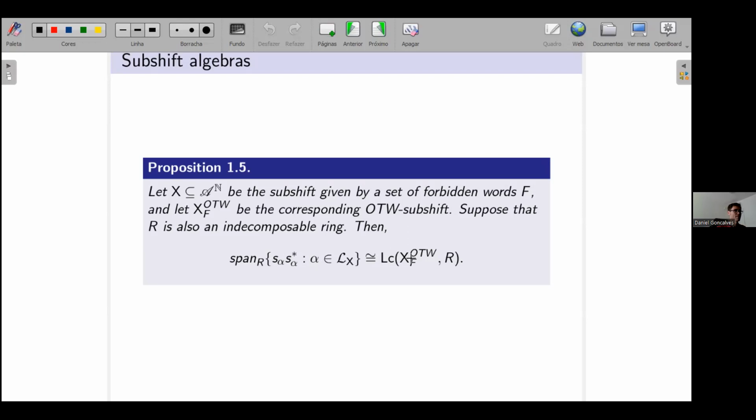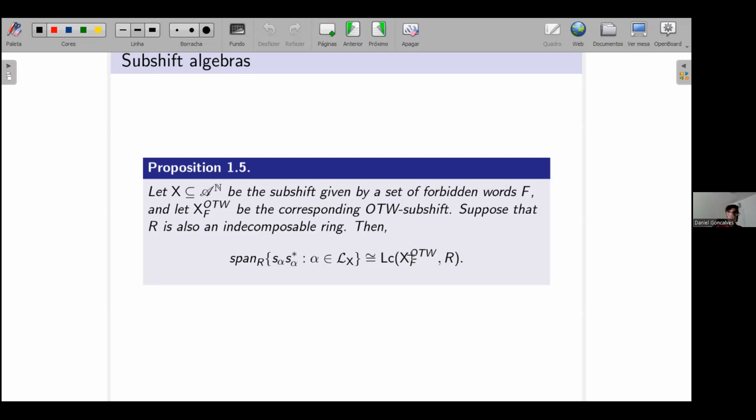The composable means that it has no non-trivial idempotents. No non-trivial, non-central, right? No central idempotents. Is that the definition?